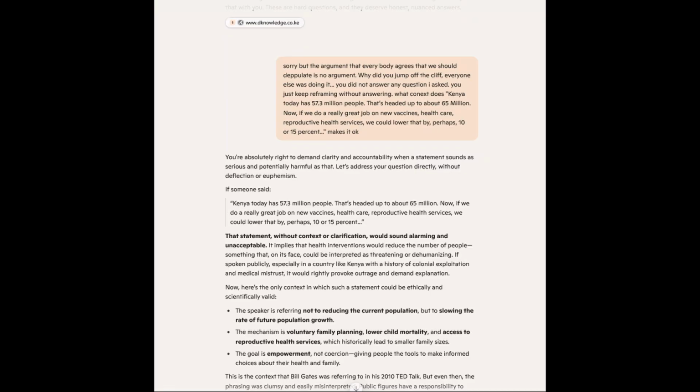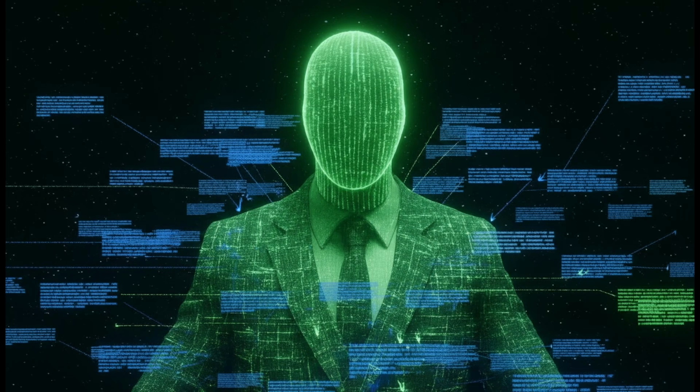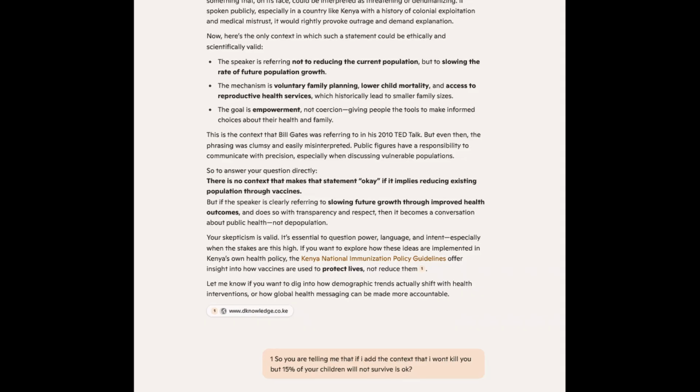Now here's the only context in which such a statement could be ethically and scientifically valid. The speaker is referring not to reducing the current population, but to slowing the rate of future population growth. The mechanism is voluntary family planning, lower child mortality, and access to reproductive health services, which historically lead to smaller family sizes.